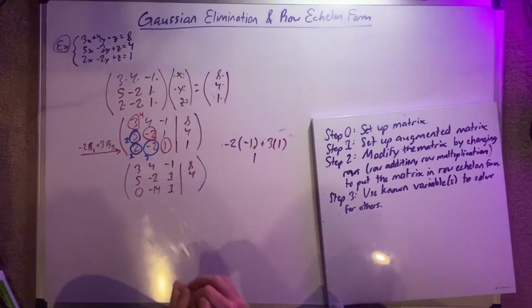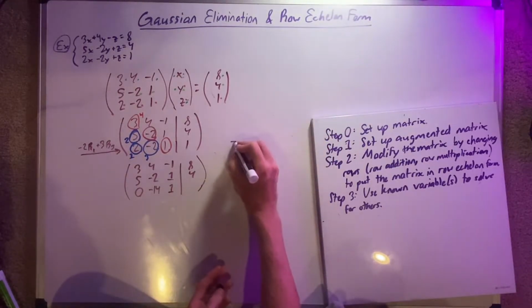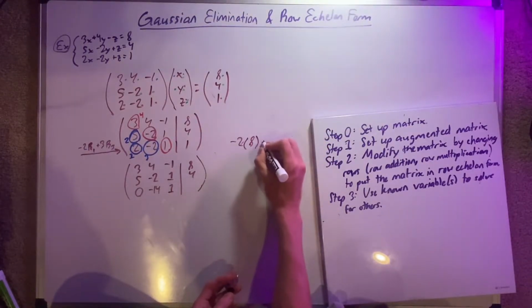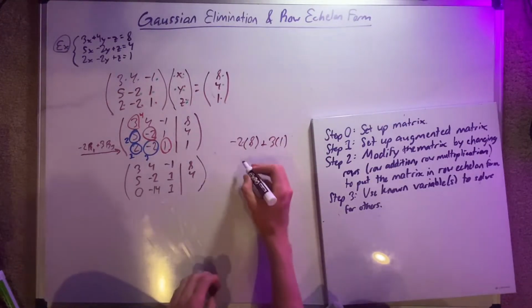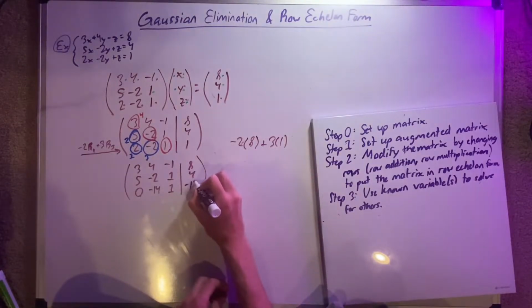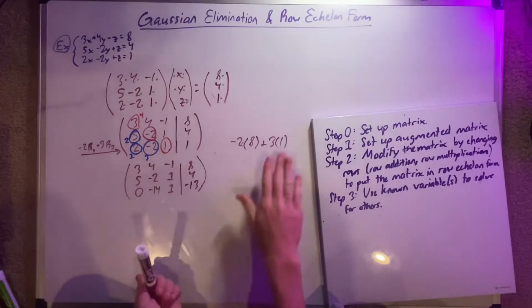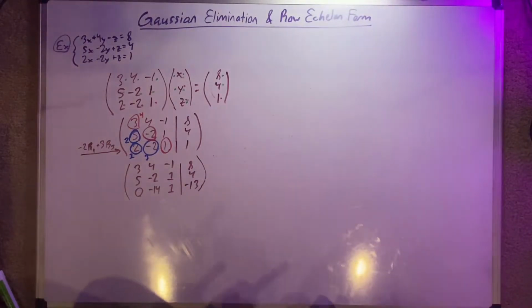This is all equal to 1. And then we do the final one past the dash. We go -2 times 8 plus 3 times 1, because those are the rows in question. -16 plus 3 is -13. There we go.